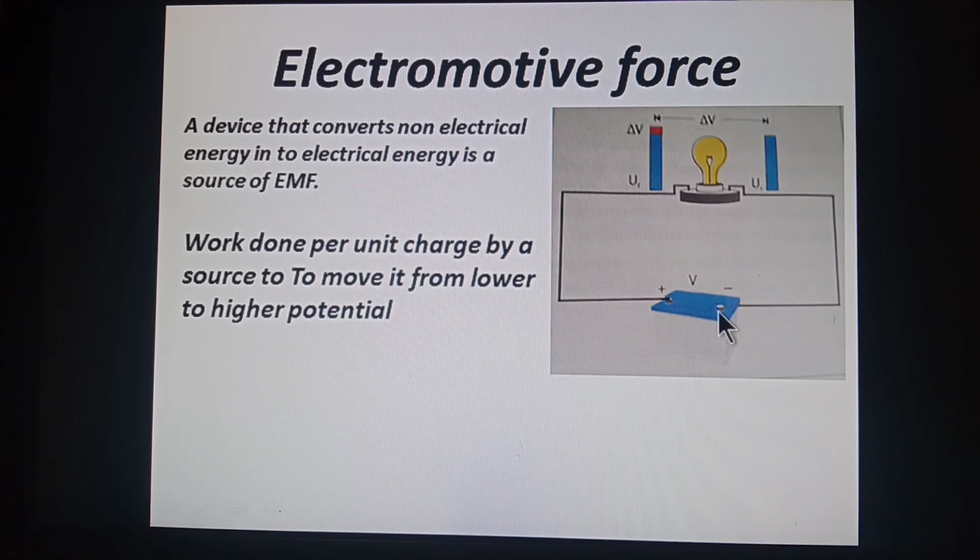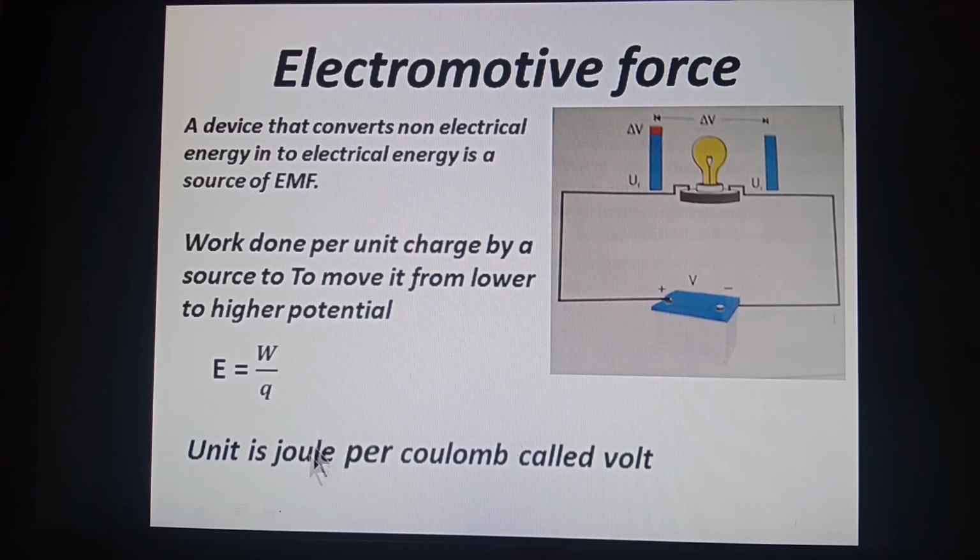That energy supplied per unit charge is known as EMF of the source, or it is defined as work done per unit charge. Again, it is similar to electric potential. So its unit is also joule per coulomb, called volt.